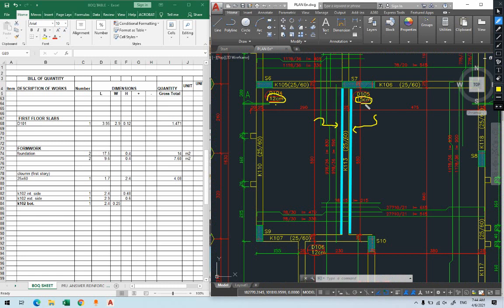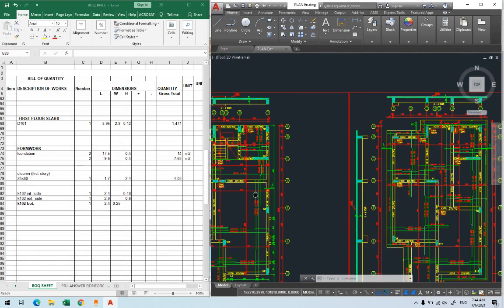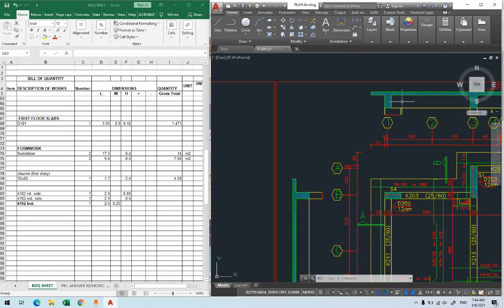For the exterior, the edge of it, if there is no continuous beam, no continuous slab, you take it as the height of the beam. But if the slab is continuous, you still treat it as an interior beam, which you can see from the second floor. Look here.